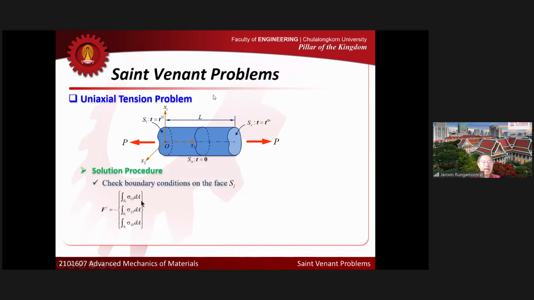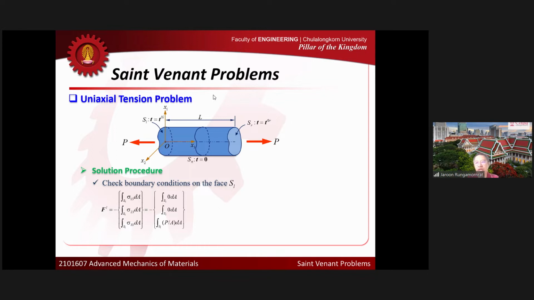So I simply plug in the components that we have in the gauge form of the stress field. We know that sigma 1 3 and sigma 2 3 are zeros, right? But sigma 3 3 is simply P over A. I plug everything in, so I get something like this.